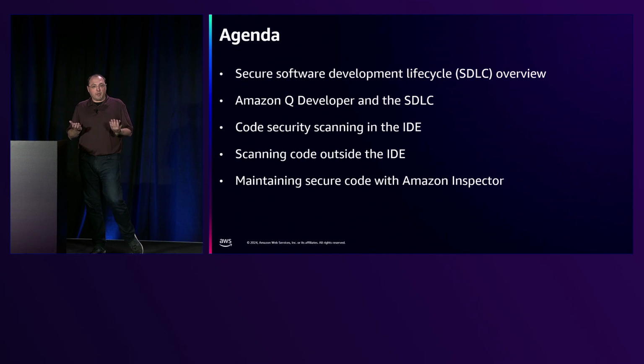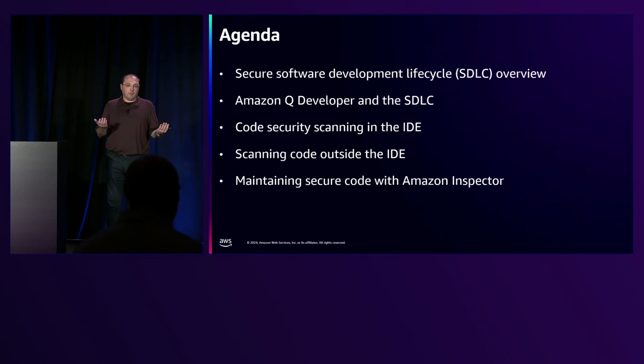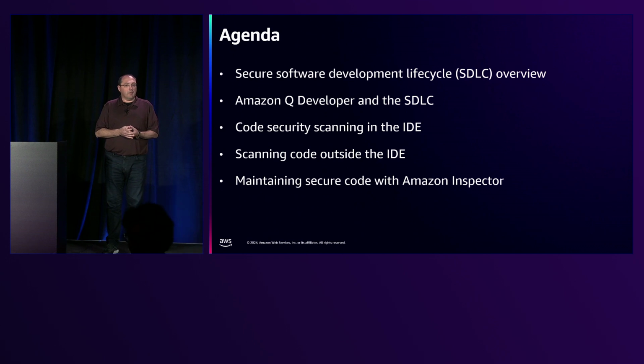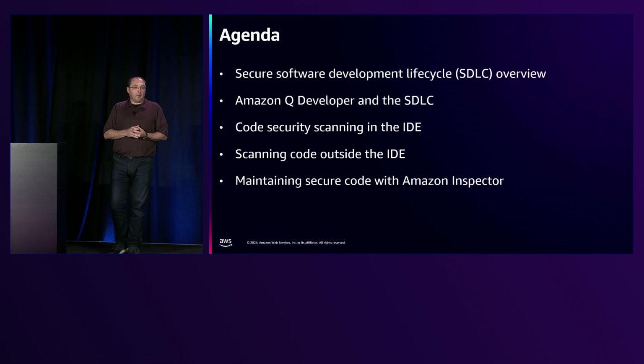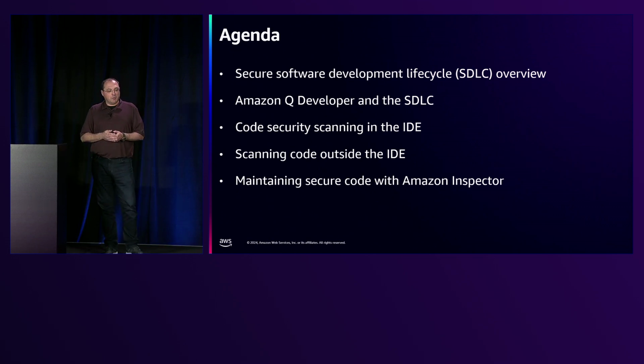There's a number of things we're going to cover today. First and foremost, I just want to level set everybody on the software development lifecycle and how we can add security into that. Then I'll talk a lot about Q Developer and provide an overview. There have been a number of announcements this week that I will also go over, and how we see Q Developer assisting you throughout the software development lifecycle.